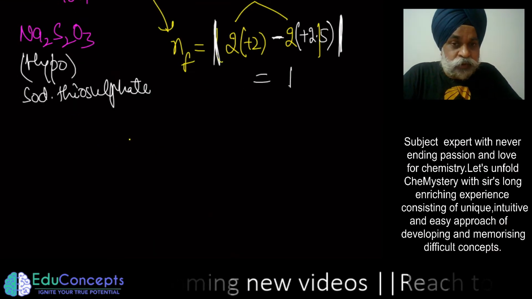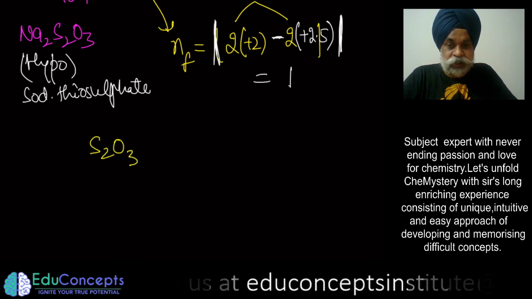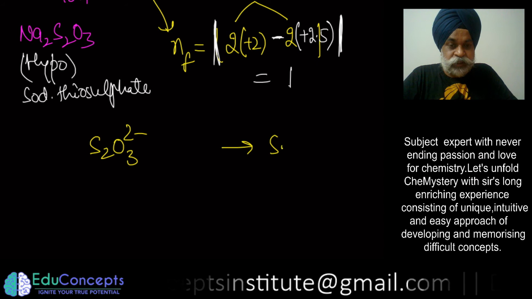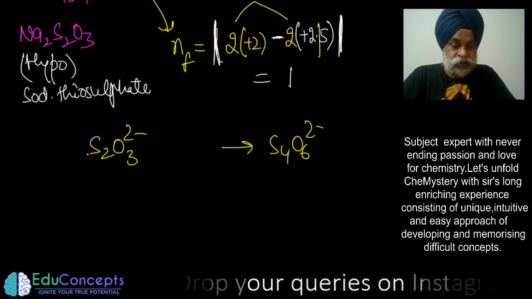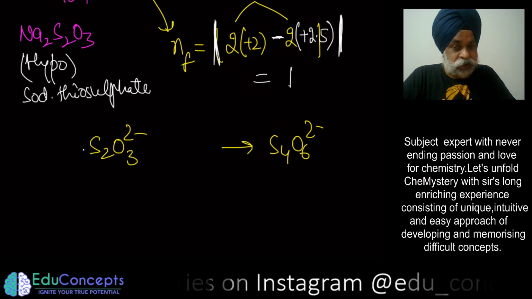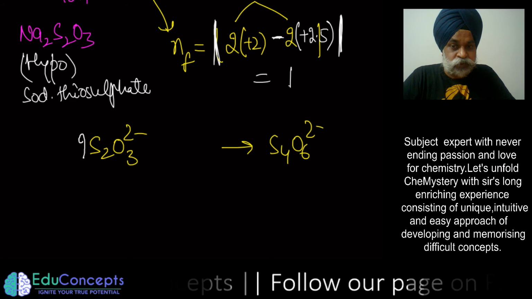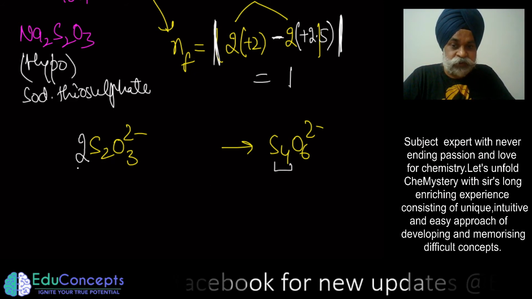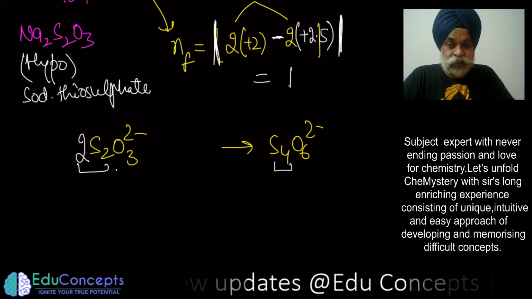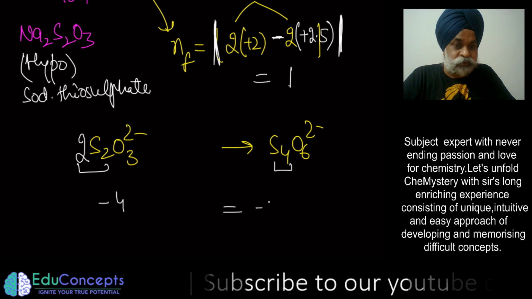If you want to do this particular problem with balancing, what has to be done? You go from this side to this side. First you have to balance all other elements apart from oxygen and hydrogen. So sulfur: I place 2 moles of sulfur here, because on this side sulfur is 4. Now you can see that here you have 4 negative charge, here you have 2 negative charge.